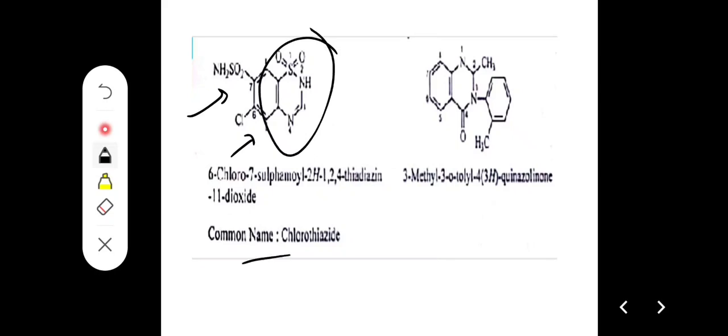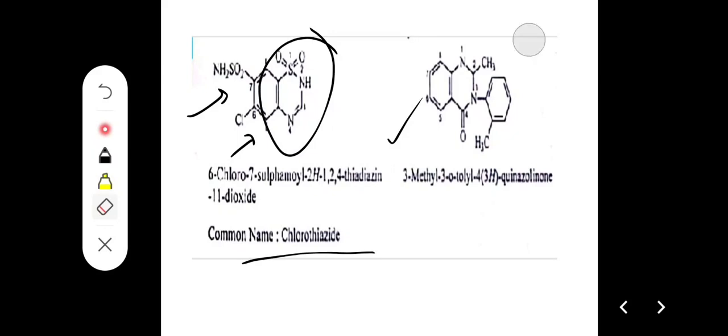The common name is chlorothiazide. Next example: 3-methyl, because the 3 position has a methyl, 3-o-tolyl-4(3H)-quinazolinone. The ring structure is quinazolinone, and the 3 position has a methyl group.